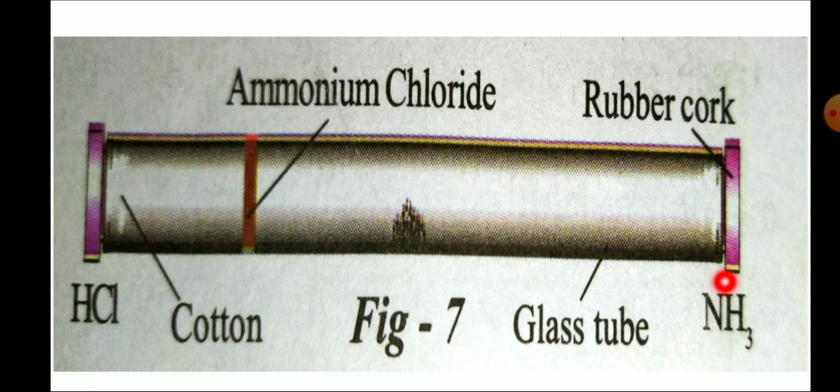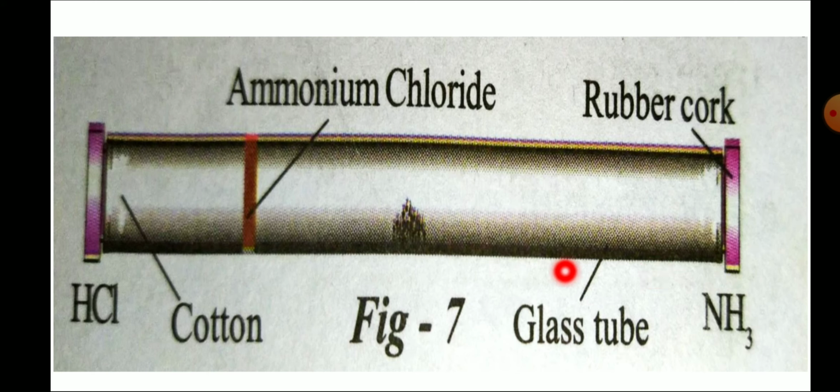Now at the same time, on both the ends of the narrow glass tube we keep the two cotton pieces simultaneously. My children, remember that the first cotton piece is dipped in HCl, hydrochloric acid, and the second cotton piece is dipped in ammonia.